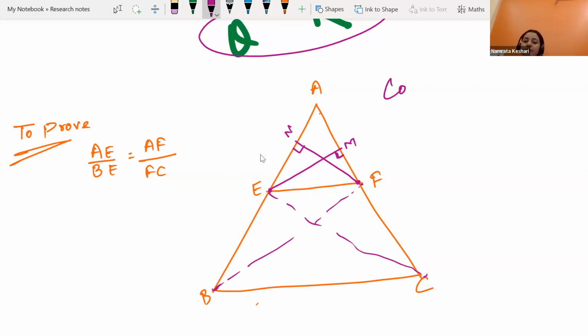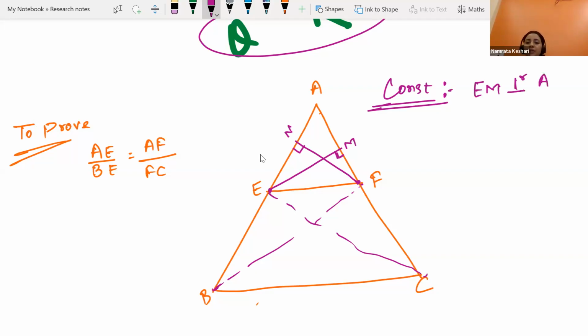कंस्ट्रक्शन मैं ब्रीफली यहाँ पे लिख रही हूँ क्योंकि ये जस्ट लाइक फेयर क्वेश्चन नहीं है. यहाँ जस्ट हम डिस्कस कर रहे हैं कि क्या करना है, तो मैं शॉर्ट फॉर्म में लिख रही हूँ सर. ओके, सो कंस्ट्रक्शन में हमने क्या किया? एक EM परपेंडिकुलर ड्रॉप किया. कौन से साइड पे?